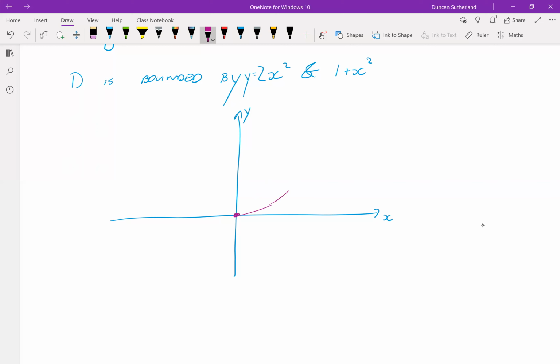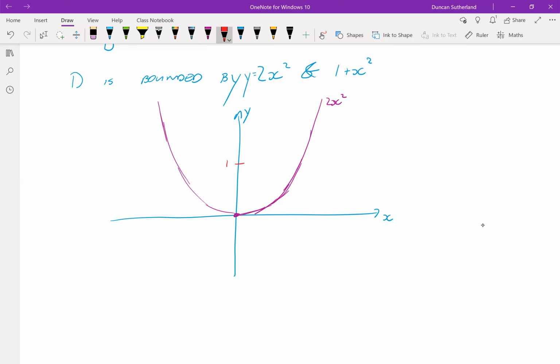I know roughly what the answers should look like, so I'm trying to do my sketch to reflect that. All right, so there's 2x squared. Now let's do 1 plus x squared. Obviously, when x is 0, y is 1.